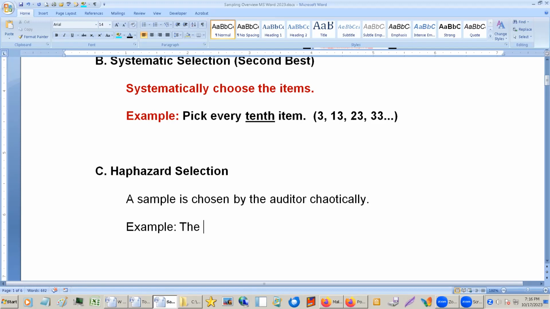Example: closes their eyes and pulls items.